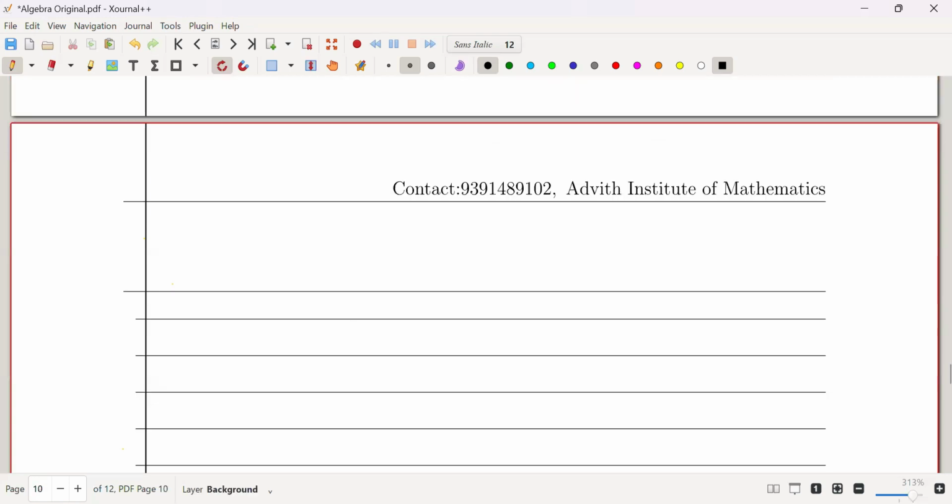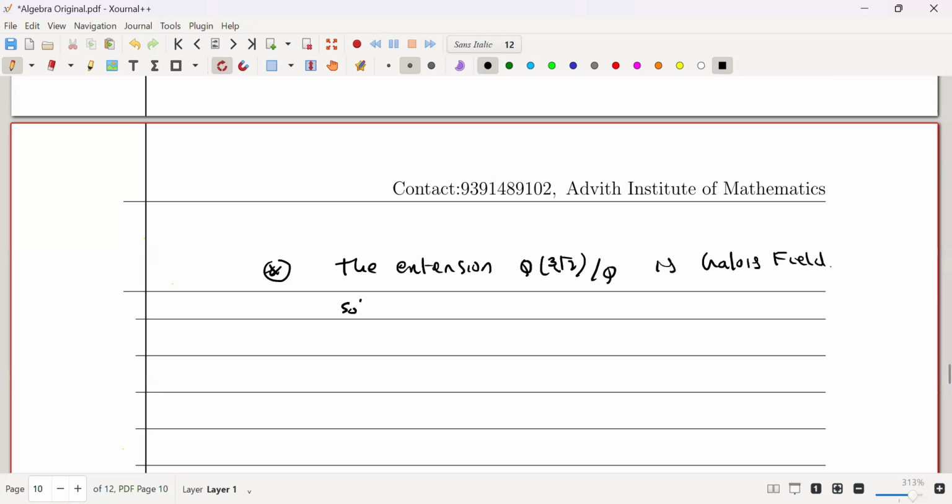Next one, the extension field. Is the extension field Q of cubic root of 2 over Q a Galois field? I already told you, sir.